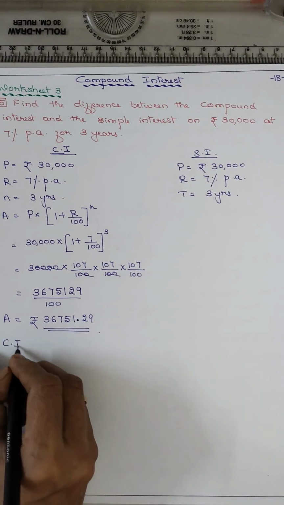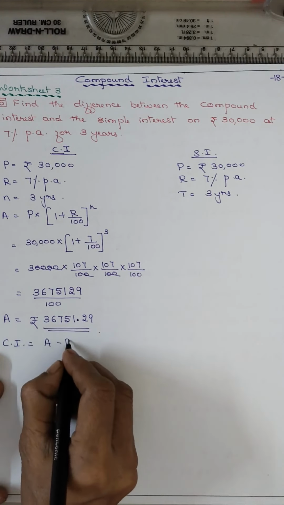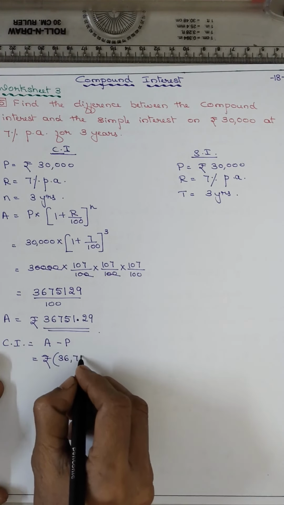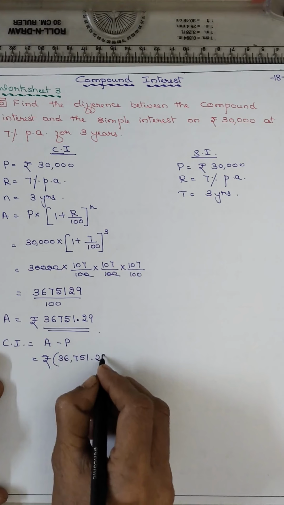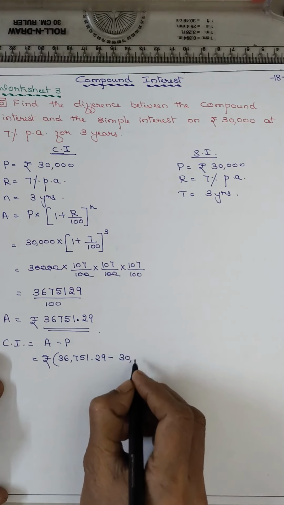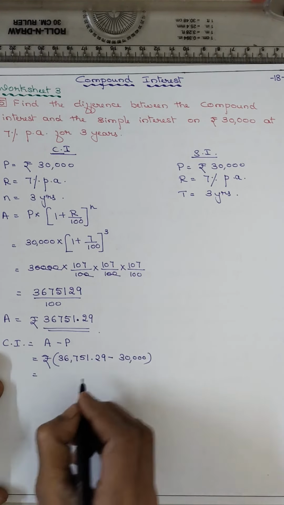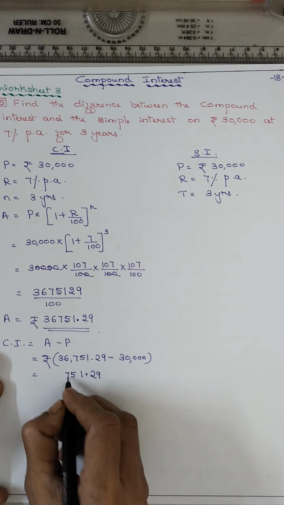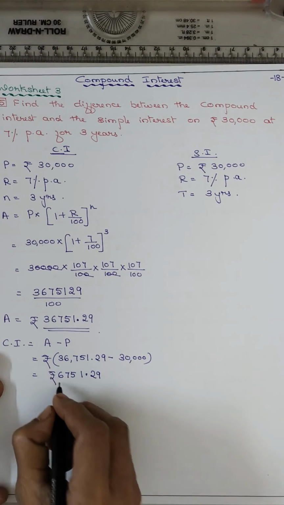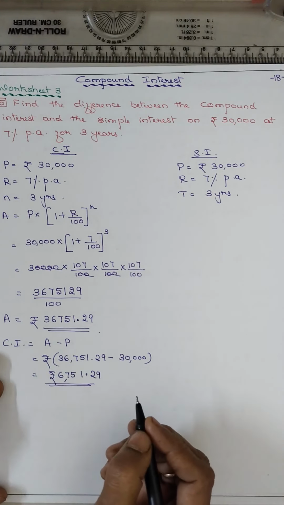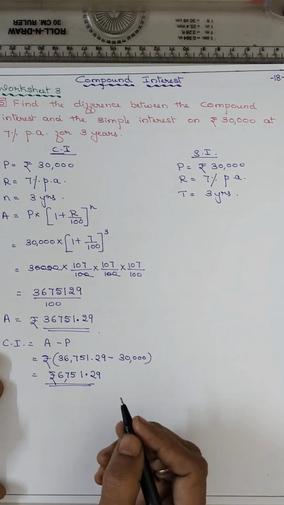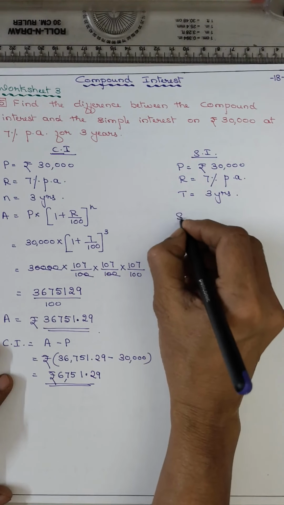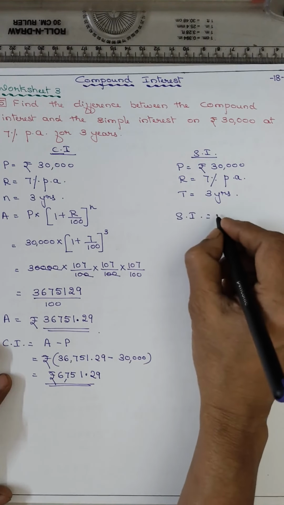Now CI is equal to A minus P, 36,751.29 minus 30,000, you get 6,751.29.